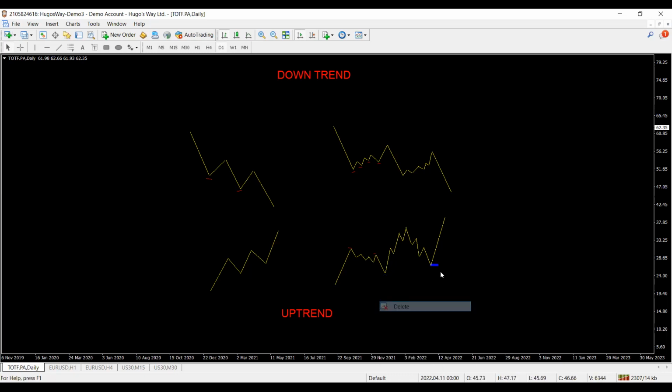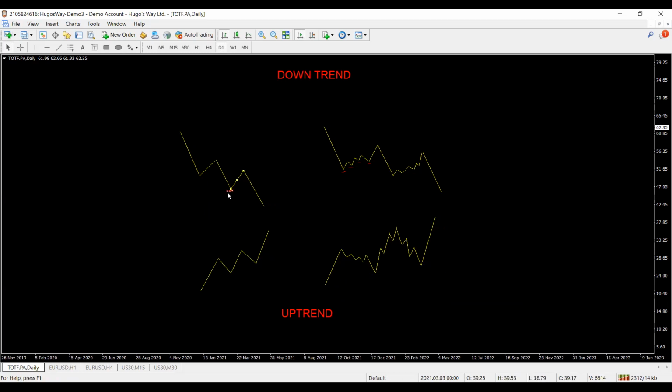Now, another thing that I look for when I'm looking for an opportunity is where that break of structure is, whether I'm trading in an uptrend or in a downtrend. If the market is taking liquidity, that is a break of structure. So if you spot a break of structure while you're analyzing the chart, you're going to mark that break of structure by identifying the buyer.